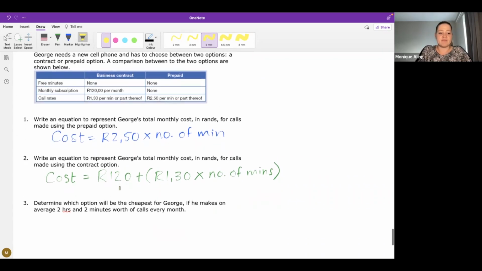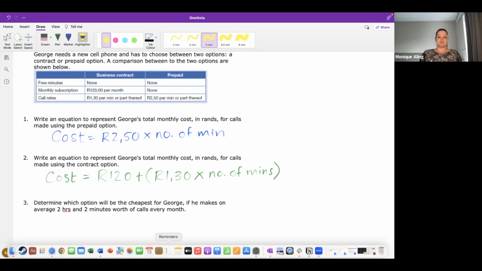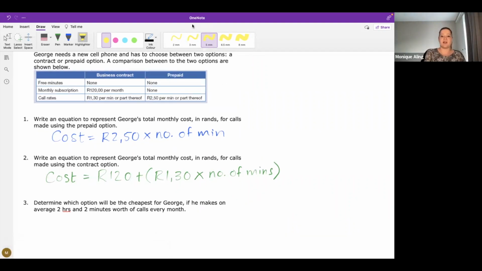Okay, so I'm going to leave you guys to do question 3 now. You handled question 1 and 2 so well. I'm pretty sure question 3 is going to go just as well. Well done, Nokwanda, for your beautiful answers, and Asanda as well.